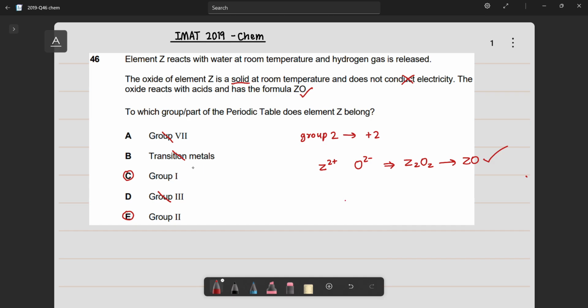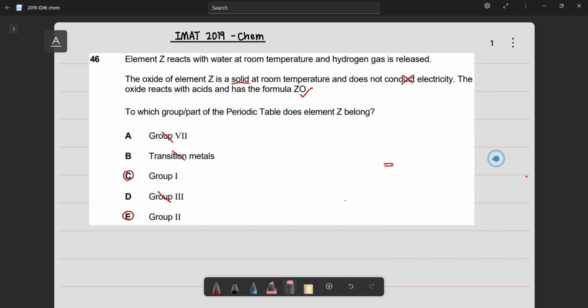Although transition metals can also form ZO compounds because they have variable oxidation states, the given information, reaction with water at room temperature producing hydrogen gas, and being solid at room temperature and not conducting electricity, mainly suits a group 2 element.